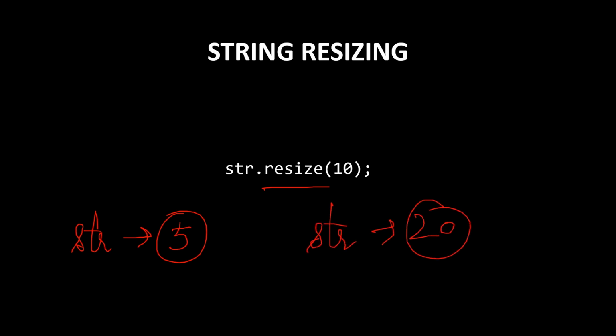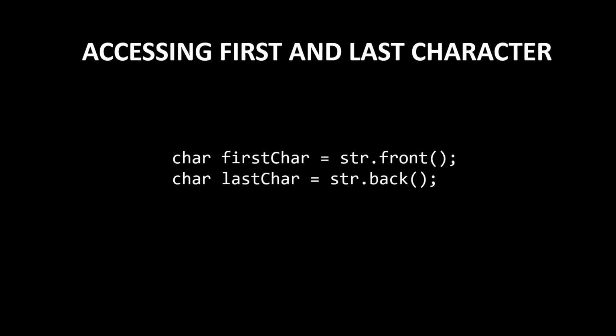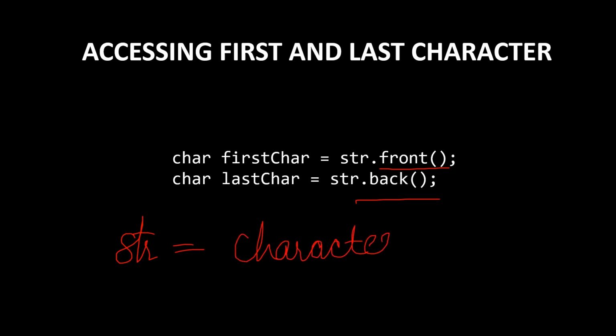If smaller, it adds extra characters. Accessing first and last character. This code snippet, front returns the first character and back returns the last character of the string. Consider the string CHARACTER. The front method will return C, and the back method will return R.